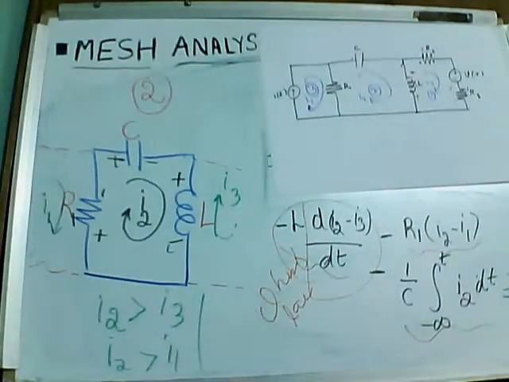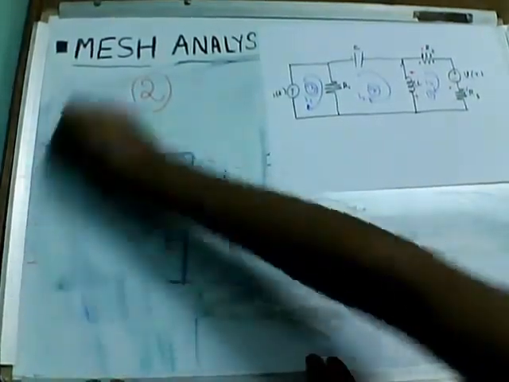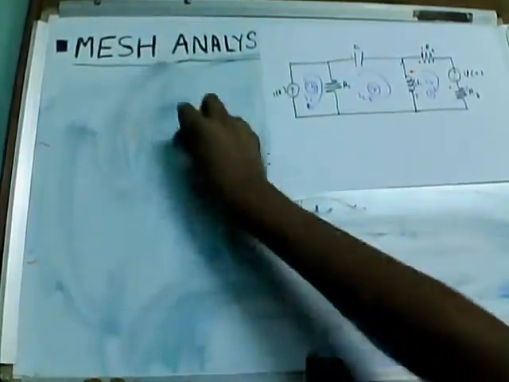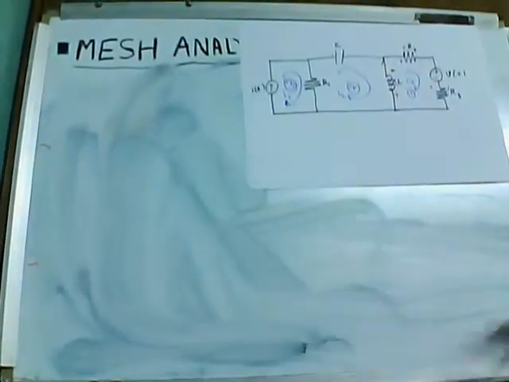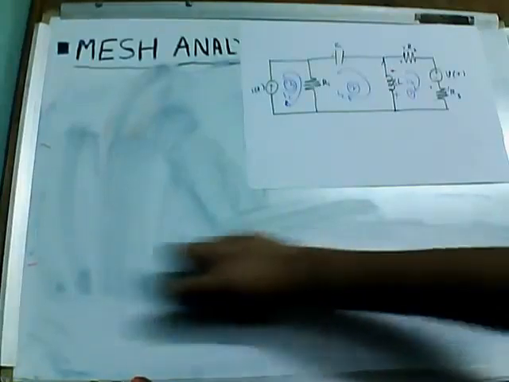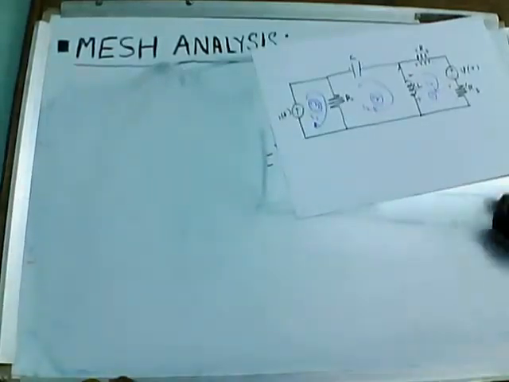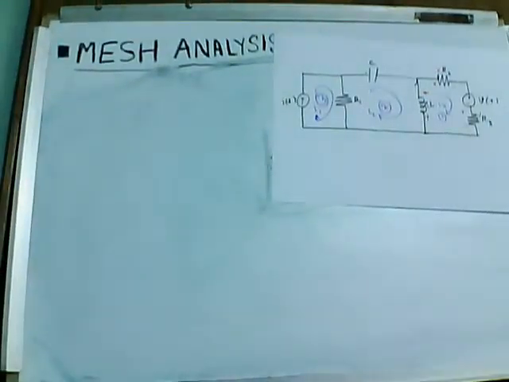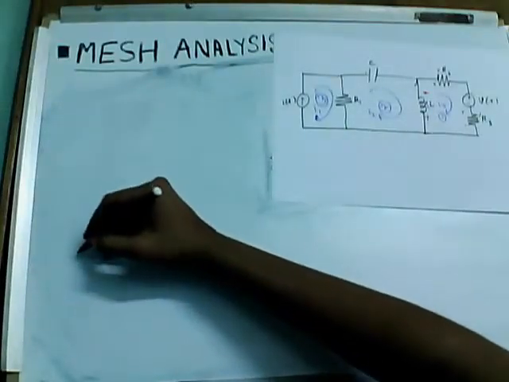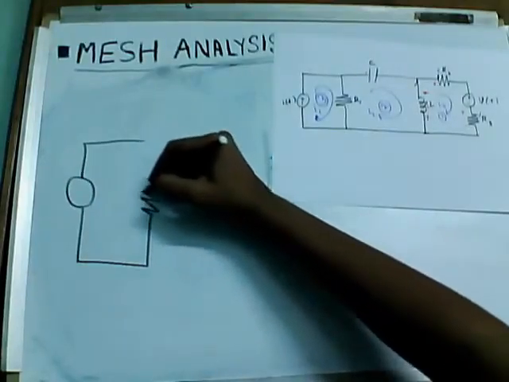What is this mesh? In it we have a current source and a resistor.